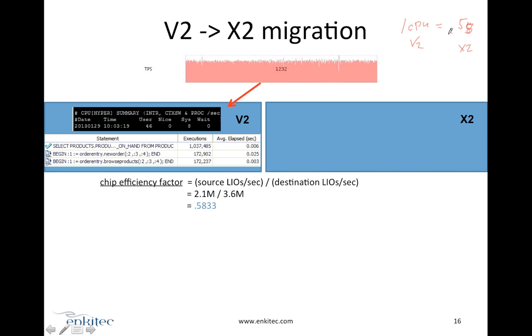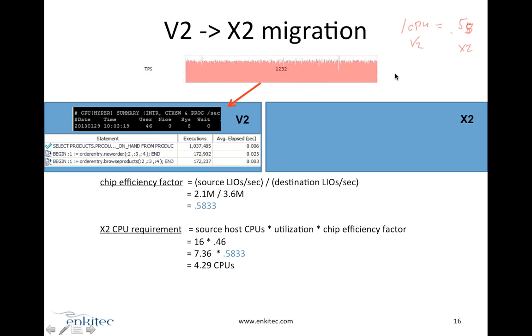So first, what you would do is you have to get what I call the chip efficiency factor, which is more like the CPU speed, all right? The source logical IOs per second would be the V2, which only attained 2.1 million, and the destination would be 3.6, right?